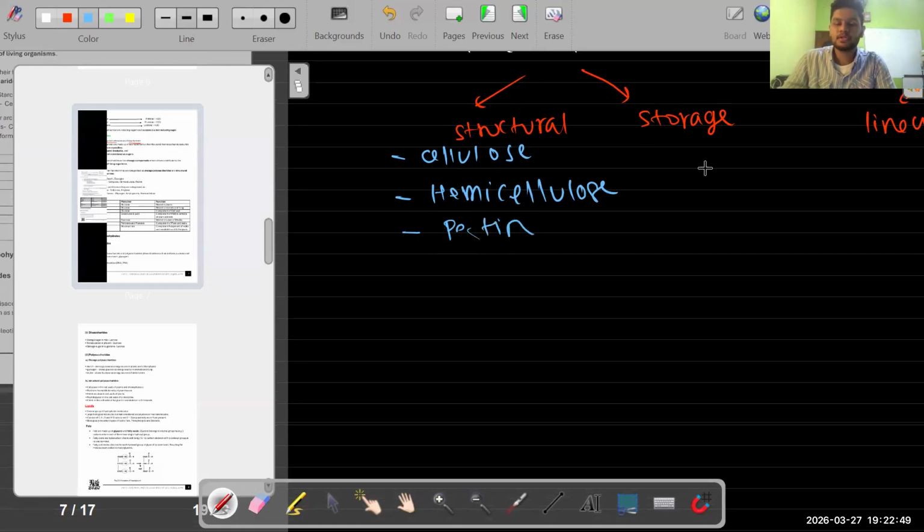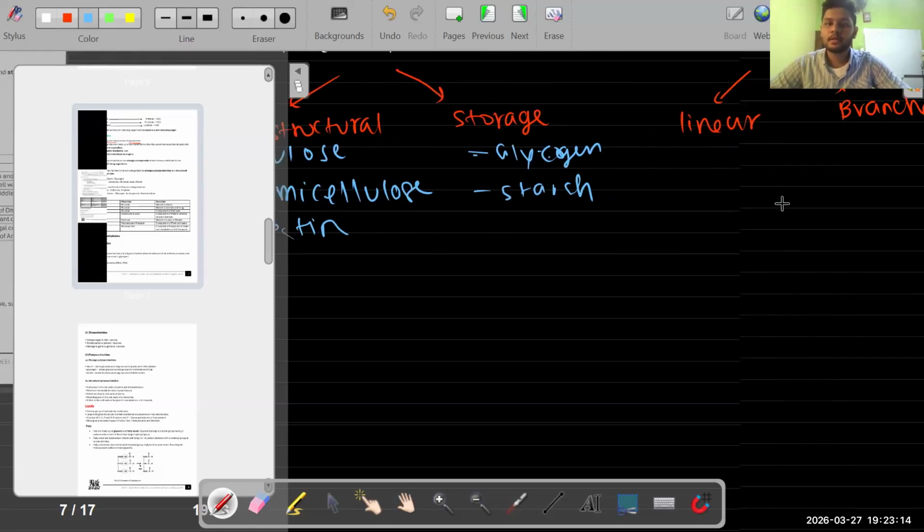Let's see storage. Under storage, we have glycogen and starch. One is glycogen, and the other one is starch.